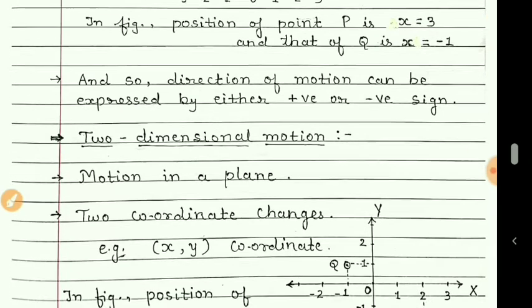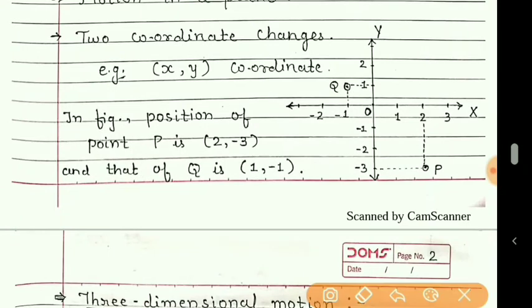But here the motion is along the plane in two dimensions, so two coordinates are required. So here x and y coordinates are required to show the position or the displacement or the velocity of an object.